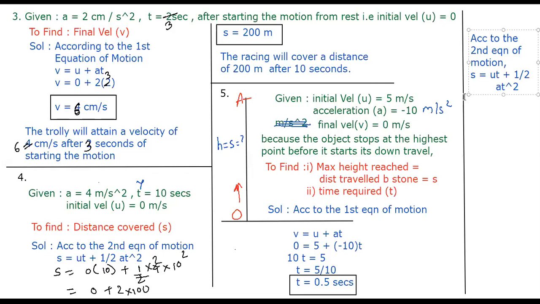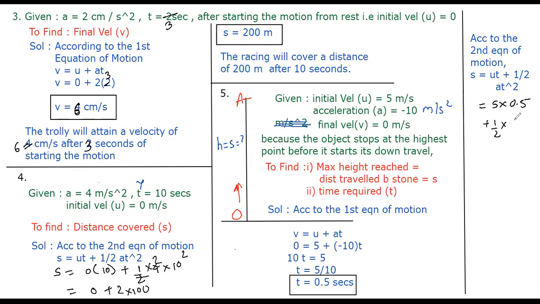So find it out. Do it, all of you. u is 5. t is 1 upon 2. Yes or no? 5 upon 10 or 0.5, let me write.